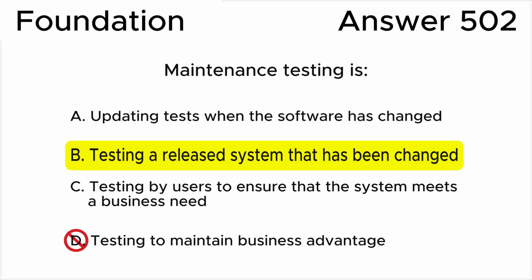Answer D is not correct, because maintenance testing is specifically about testing changes in an already released system, not about business strategy. My recommendation: please remember maintenance testing to pass the ISTQB exam.